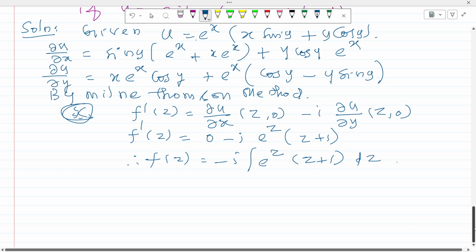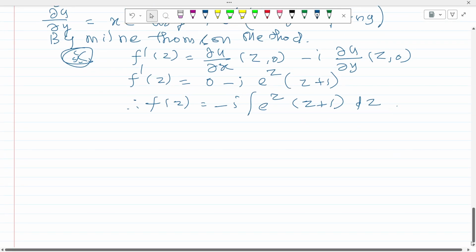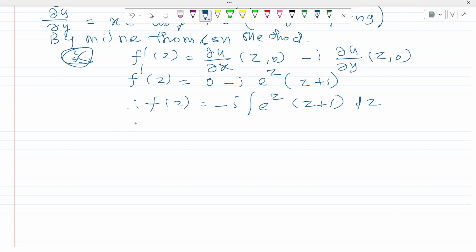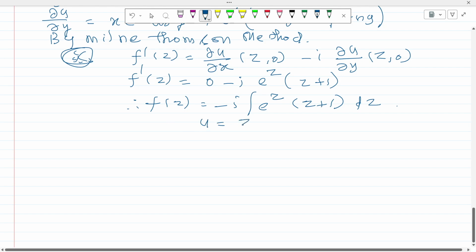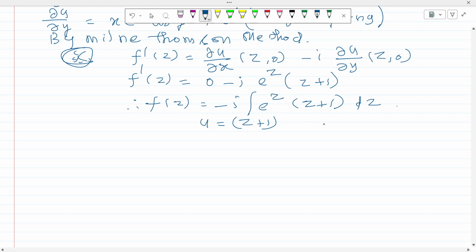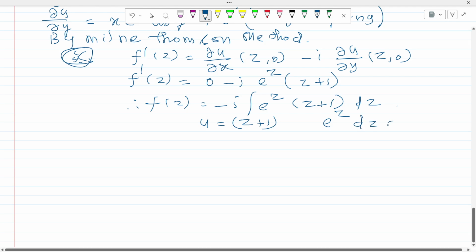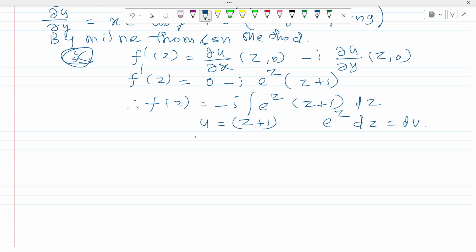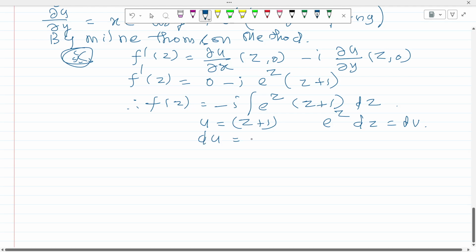So u dv method, integration by parts. What is u, what is v here? U is z plus 1 and e power z dz is dv, then du equal to dz, then v equal to e power z.